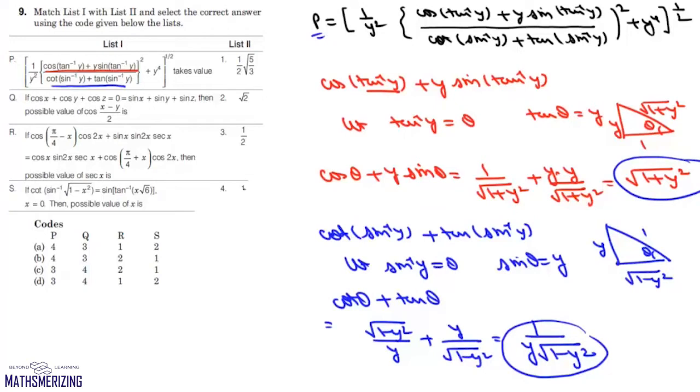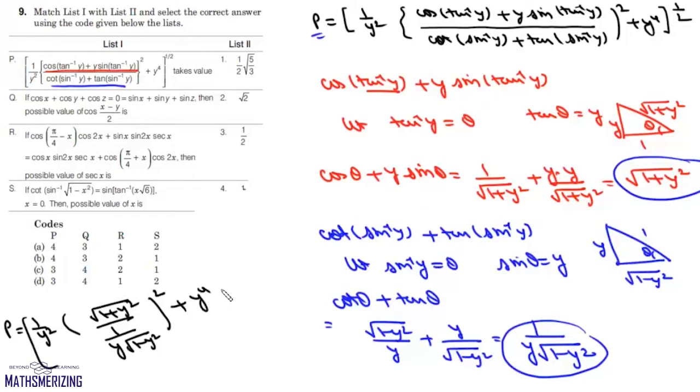So we can write P as 1 upon y square into (cos tan inverse y plus y sin tan inverse y, which is under root of 1 plus y square) upon (this value, 1 upon y into under root of 1 minus y square) whole square plus y to the power 4, whole to the power 1 by 2.